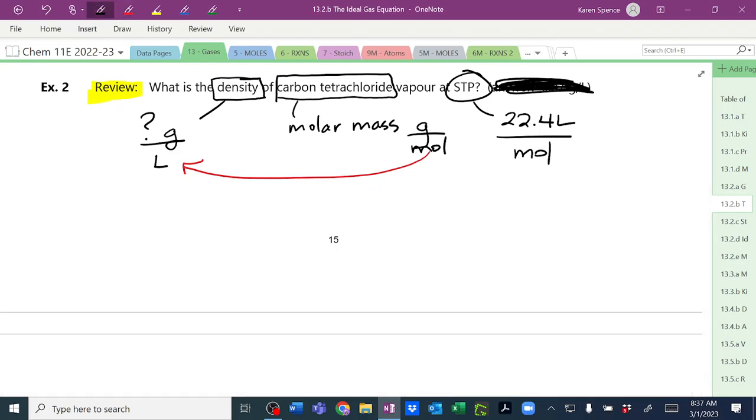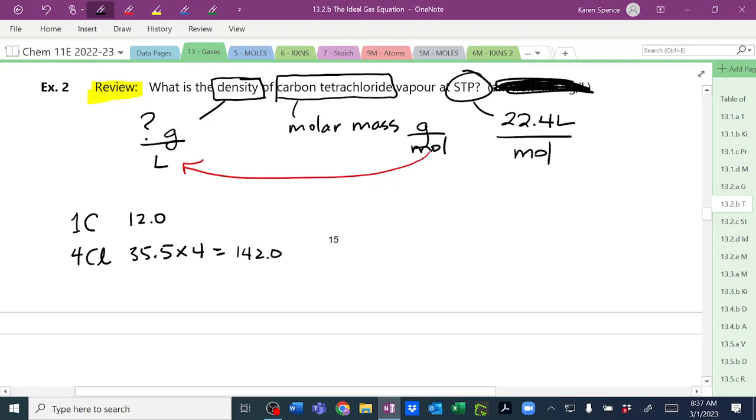So carbon tetrachloride, we have 1 carbon and 4 chlorines, so that's 12, and 35.5 times 4, which is 142.